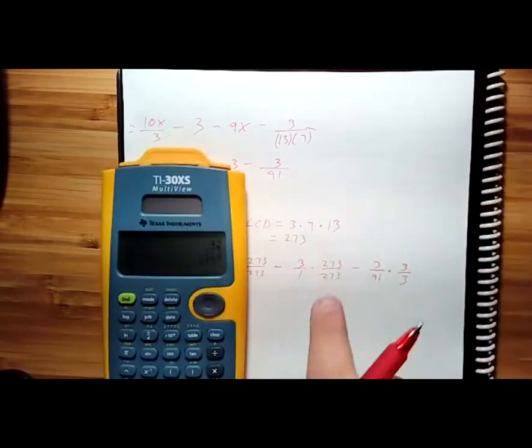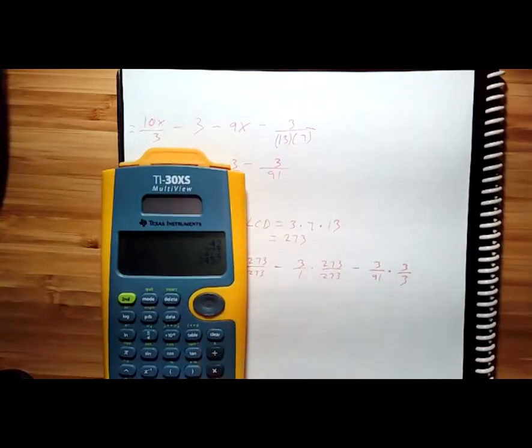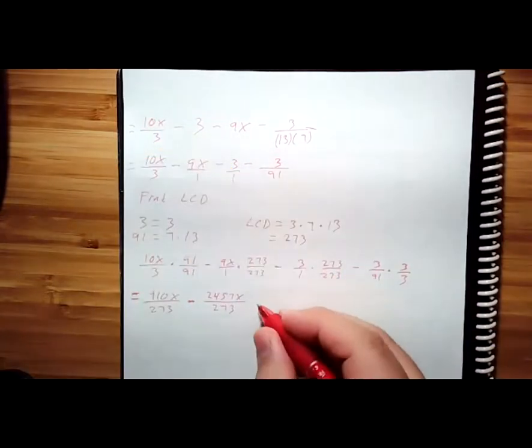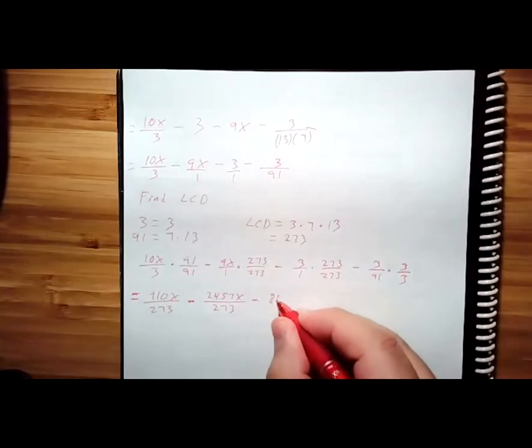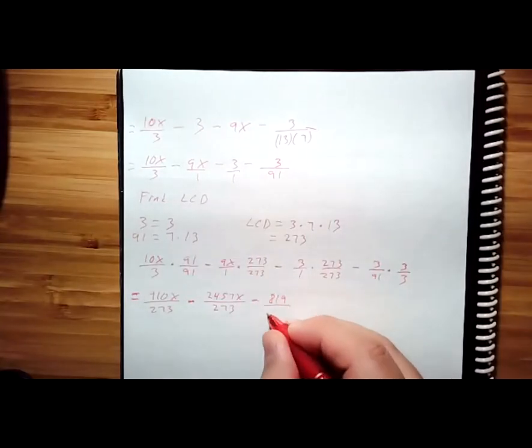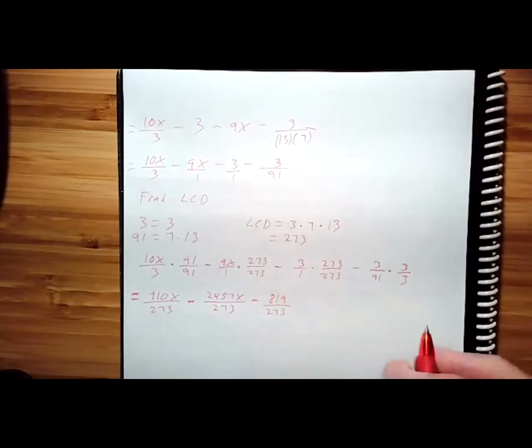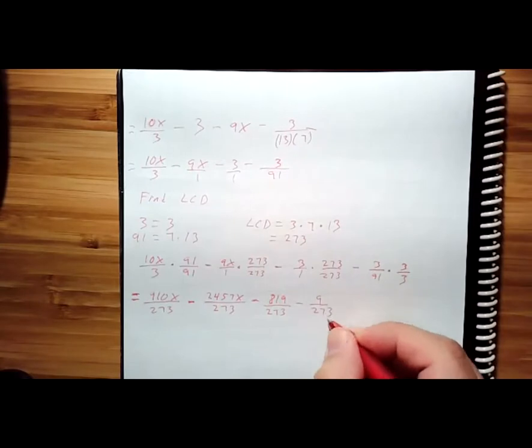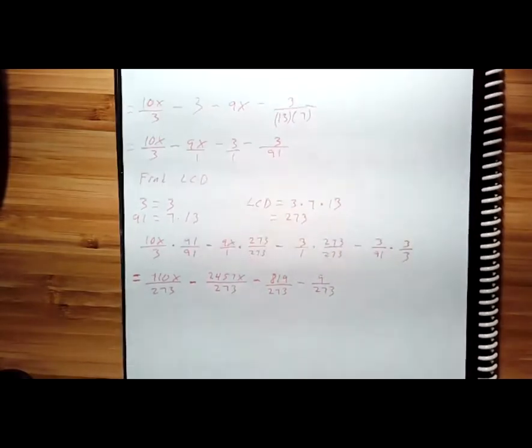Okay. 3 times 273 is 819. Minus 9 over 273. Okay, so this one's really testing our fraction skills, right? So 910x minus 2457.